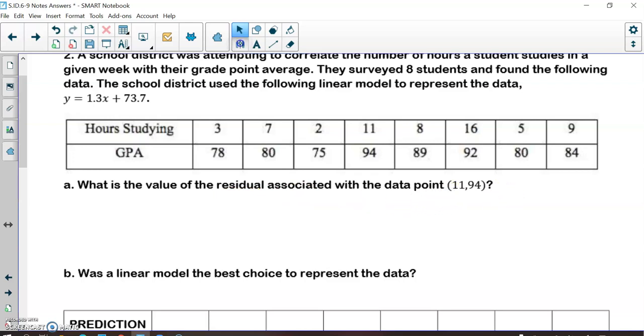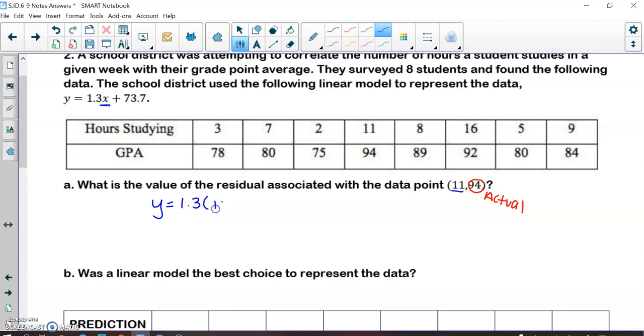So how we do this, we have a data point of 11, 94, so this is the actual y value. We first need to find the predicted y value by taking this 11 and putting it back into the linear regression model. So I have y is equal to 1.3 times 11 plus 73.7.